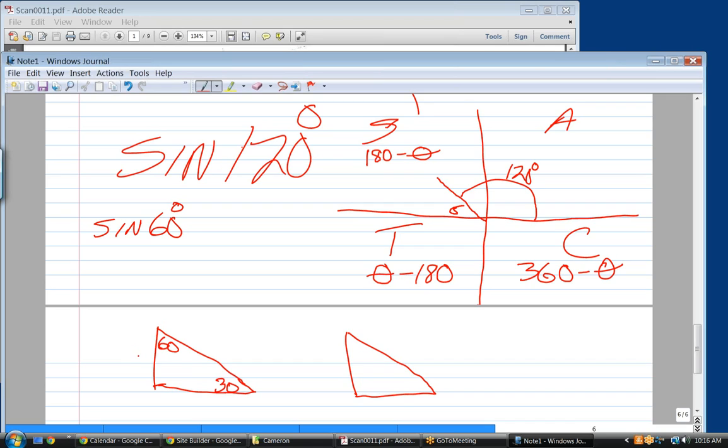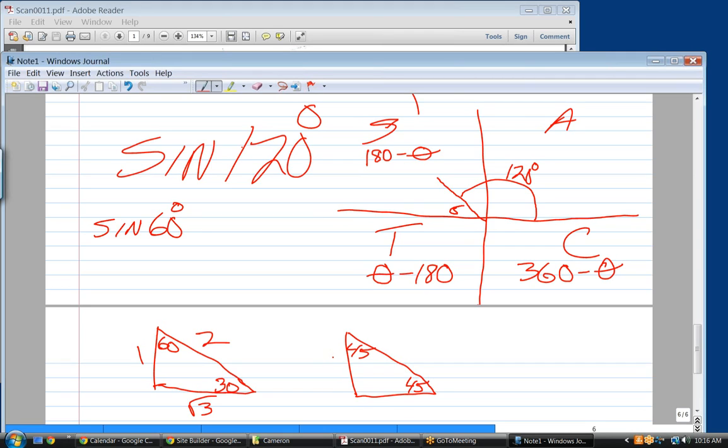I always call these my unit special triangles because it's always 1. What's this measurement here? I thought one of them was √3 on one of these. It's √3 on the bottom, and it's 2 there. Okay, this is your 45, 45.